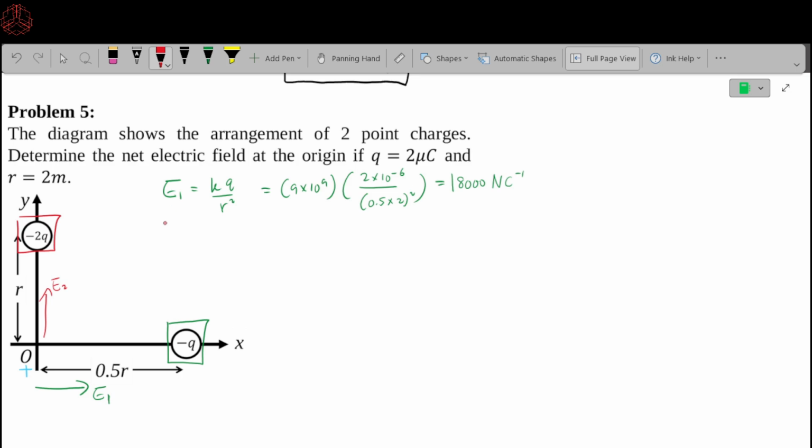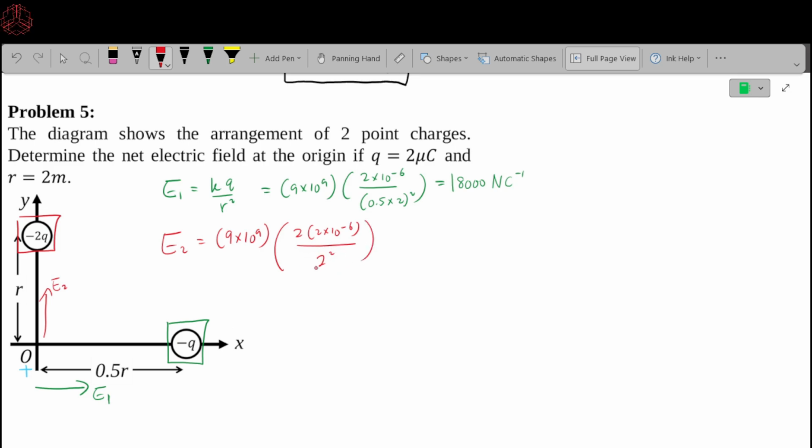The second one that we want to consider is in the Y direction. Right, in the Y direction, I will have 9 times 10 to the power of 9 again. This is the Coulomb constant. And then I have the charge of the source, which is 2 times 2 times 10 to the power of negative 6. And the distance between them is just 2 meters.